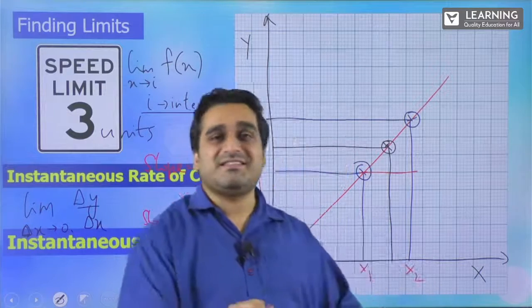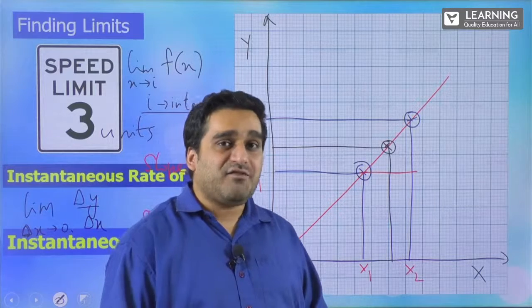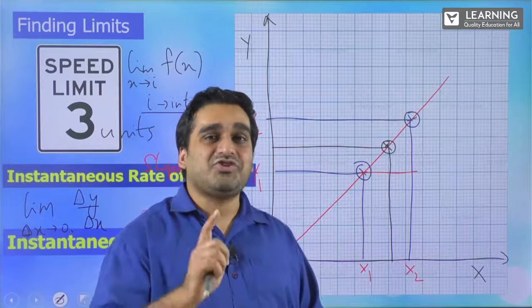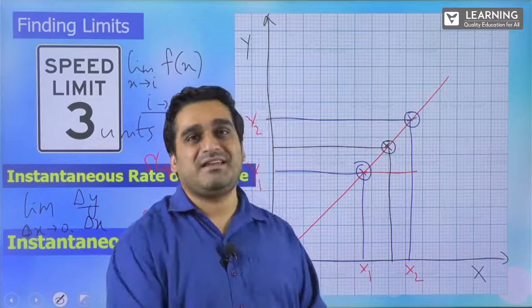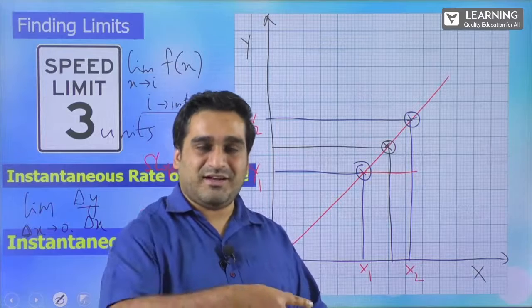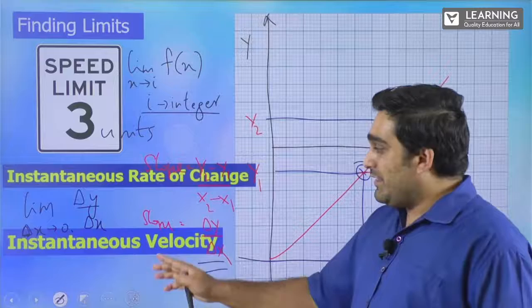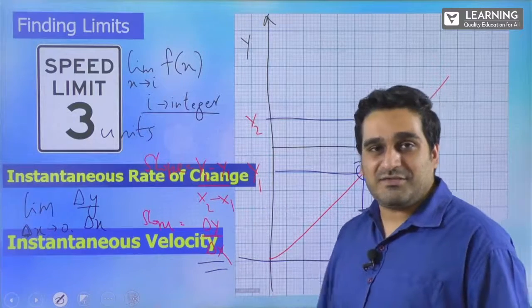When you increase the acceleration, does the needle take 5 or 10 seconds to show the speed? No, it shows you instantly. When you accelerate, immediately the speedometer changes its needle. So this is to show you that in mathematics we call this an instantaneous velocity.